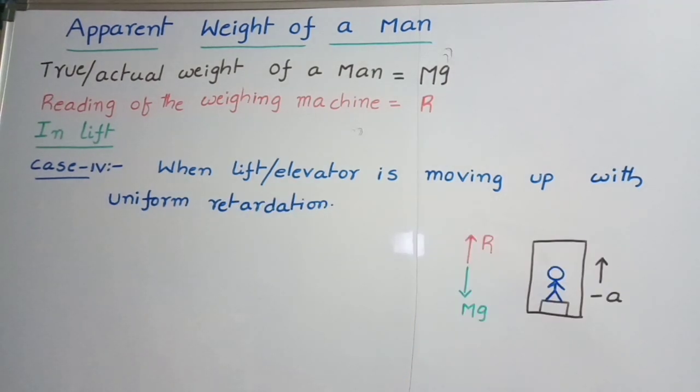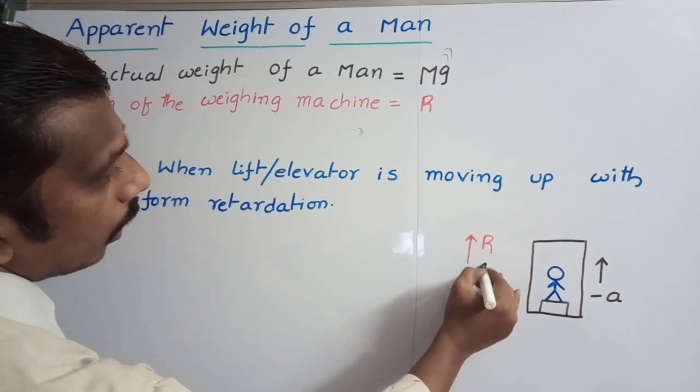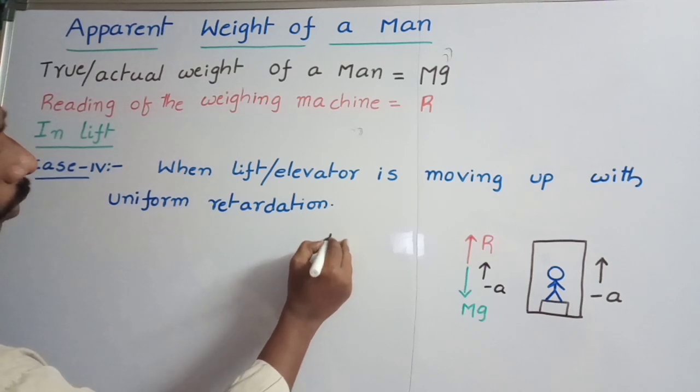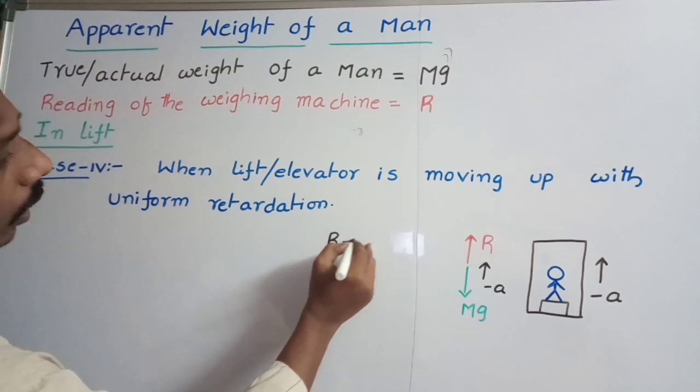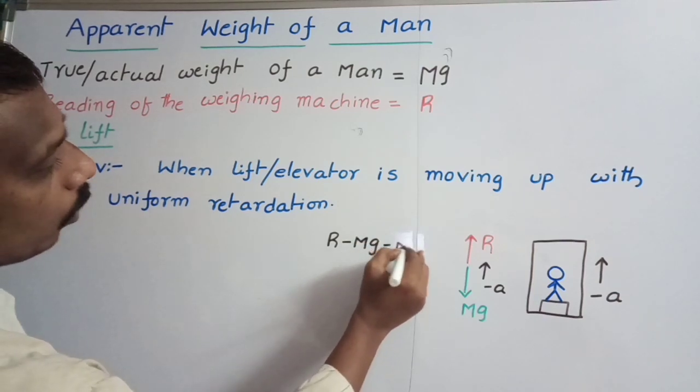Next case. When the lift or elevator is moving up with uniform retardation. Uniform retardation means after reaching a certain height, going in the upward direction before stopping. So it is retardation, minus a in the upward direction. Net force is R minus mg is equal to m into minus a.